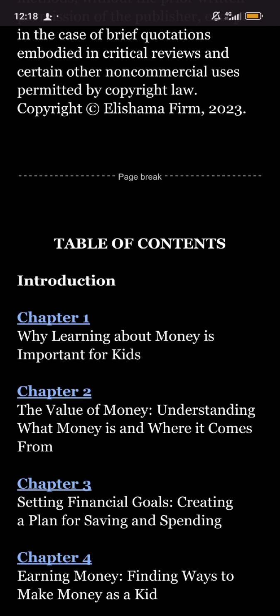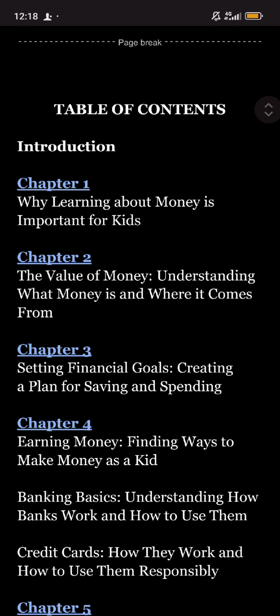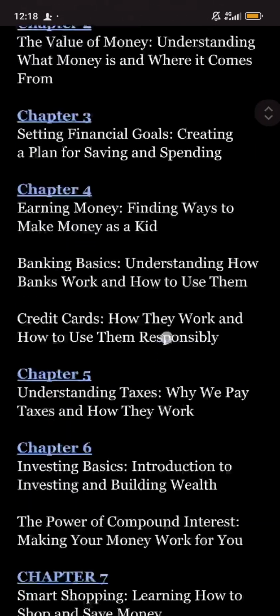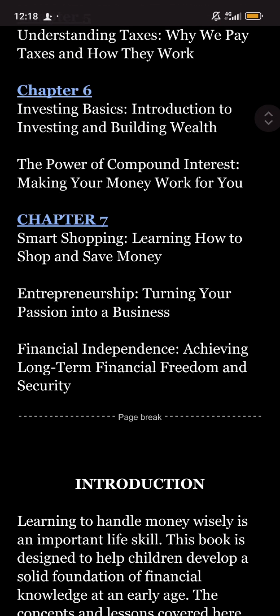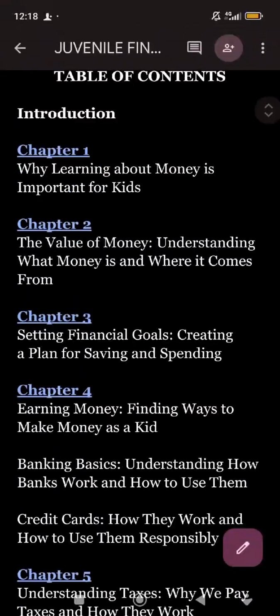The next thing is the table of content. Introduction, chapter 1, chapter 2, chapter 3, chapter 4. This book has only chapter 1 to 7. Your own may be 1 to 10, 1 to 15, 1 to whatever. Okay? Chapter 7. Now, remember, we have the introduction here.